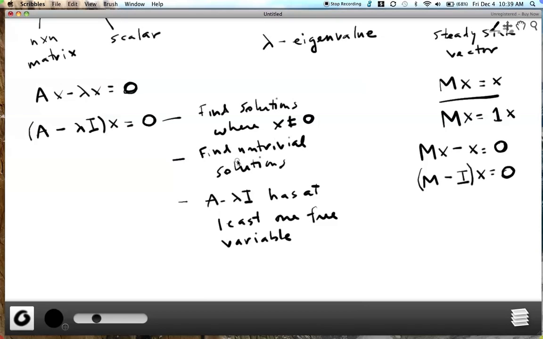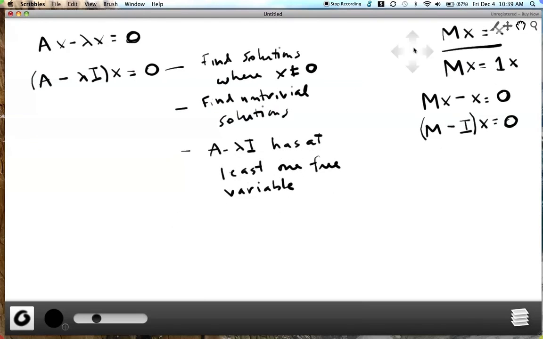So then let's think, okay, well, when does this matrix have at least one free variable? Well, that would mean that A minus lambda I is not invertible, right, from the invertible matrix theorem.